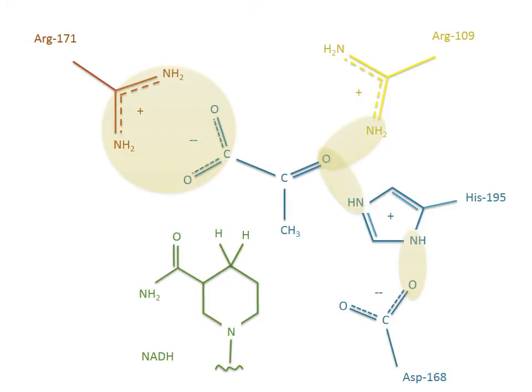Once pyruvate is in the active site, this carbon becomes partially positive. So now a hydrogen from NADH and its electrons can come up and attack this carbon. Then the double bonded electrons will move up onto this oxygen, which picks up a hydrogen from histidine. So now we've generated our final lactate product.